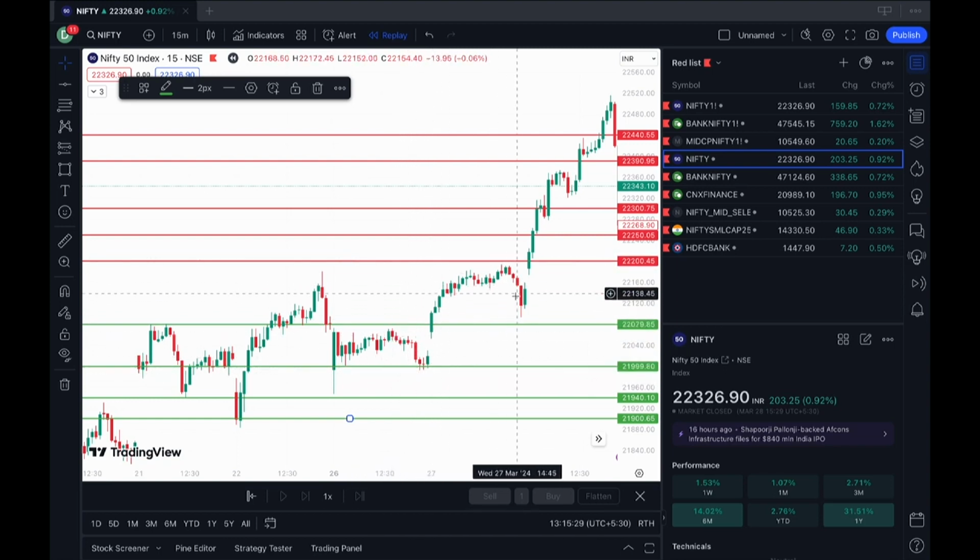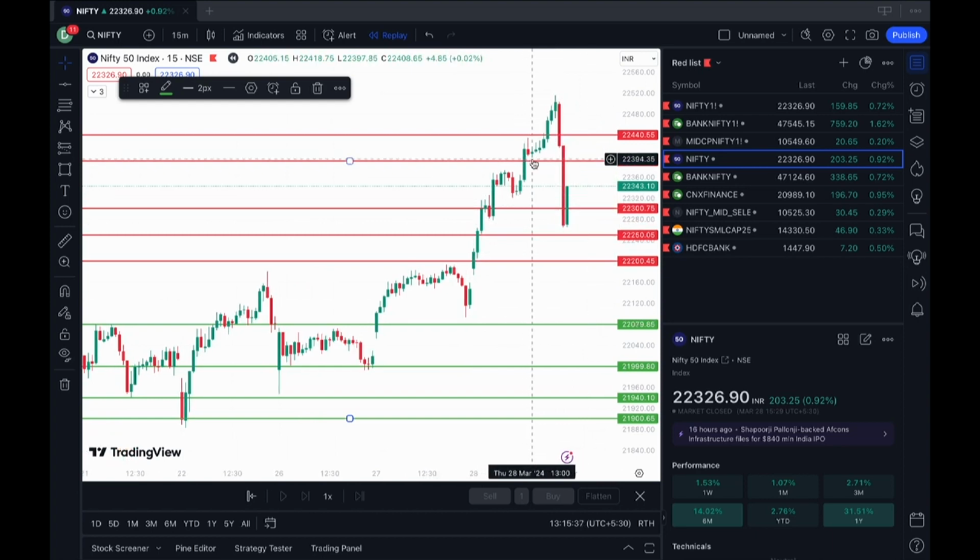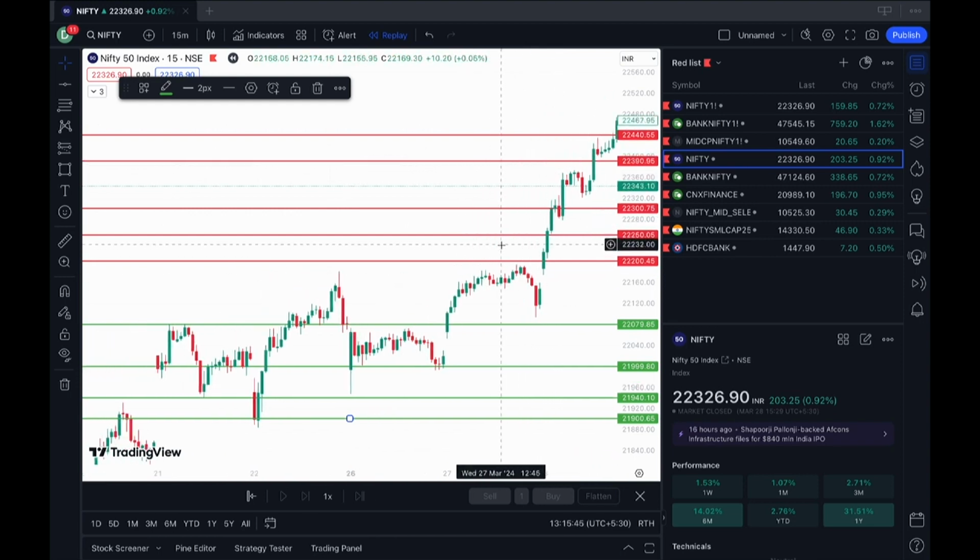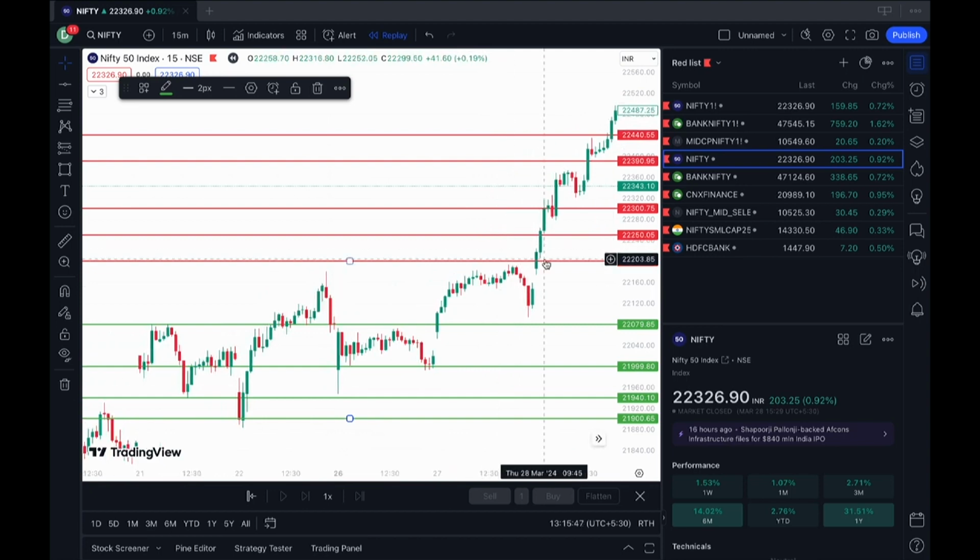This will be your first SL, then your second SL, third SL, and fourth SL, which will be hit by this. That is like working with futures or deep in the money calls, but not a lot of people from this group do that. So follow the 15-minute candle and book according to levels.